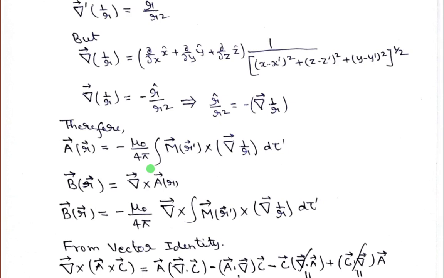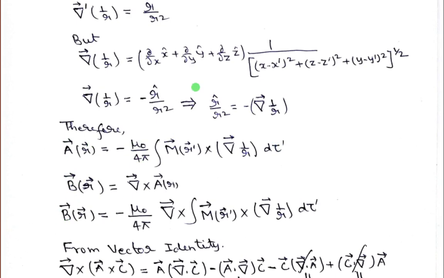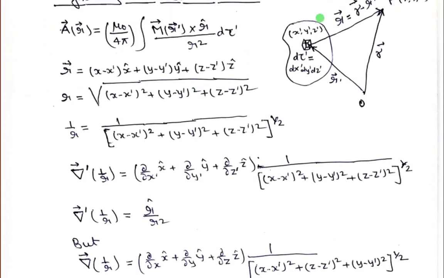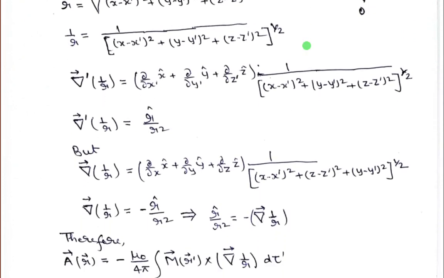We have calculated this vector potential, and if you take the curl of this vector potential, that will give the field due to the magnetized object. Here I have shown this object. So we start from each and every tiny dipole, the microscopic level, and we reach up to the macroscopic level. That's what I am going to do.